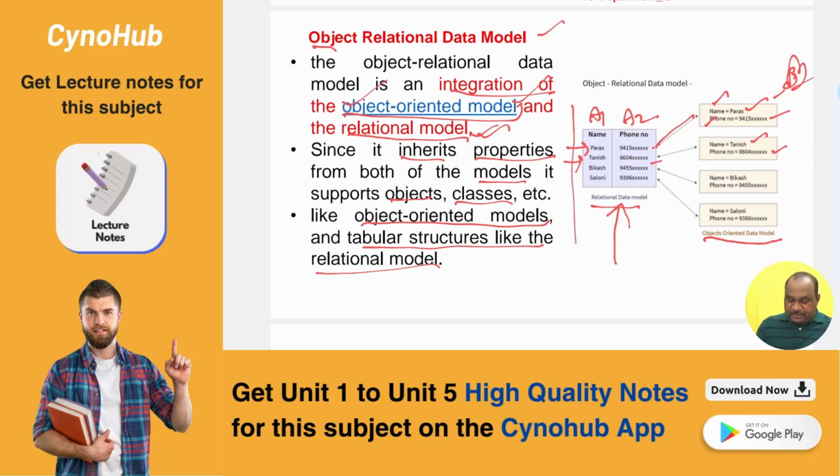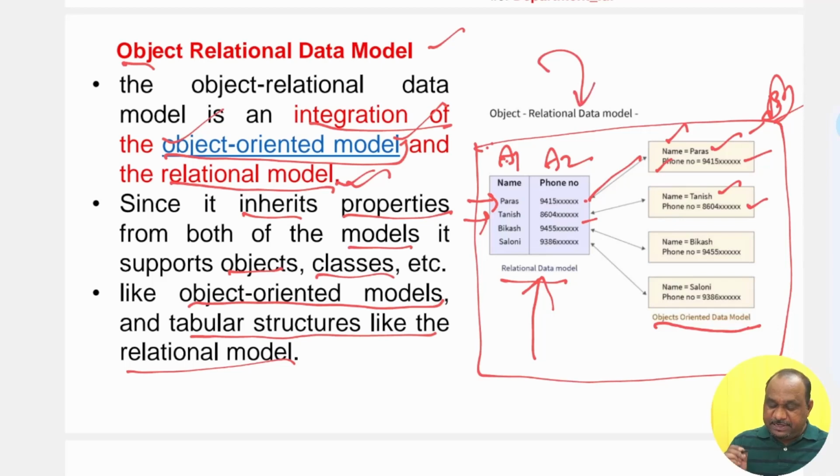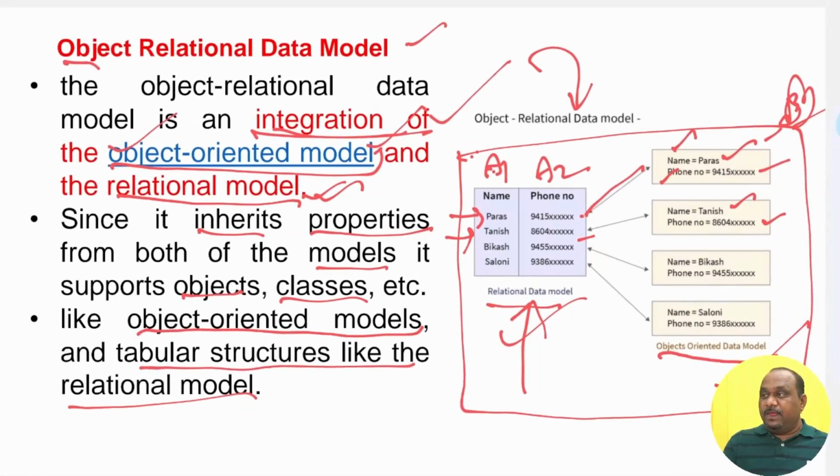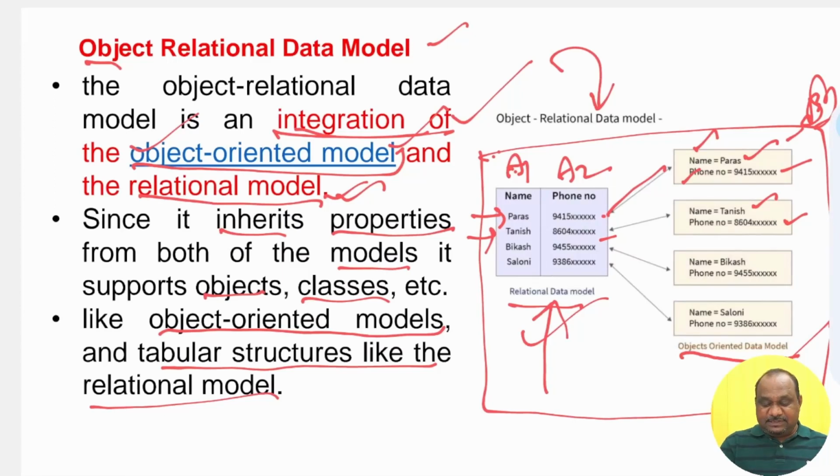So entirely this representation is called the object relational data model. So that's why the definition explains it's an integration of the object-oriented data model and relational model. So hope you understand these object models, like object-oriented model, object relational model and other particular models, with an example. Thank you.